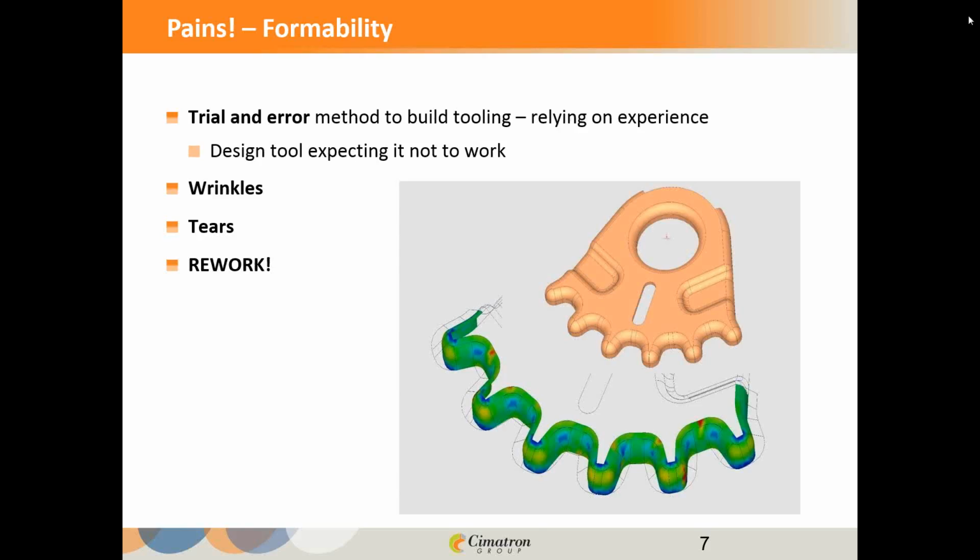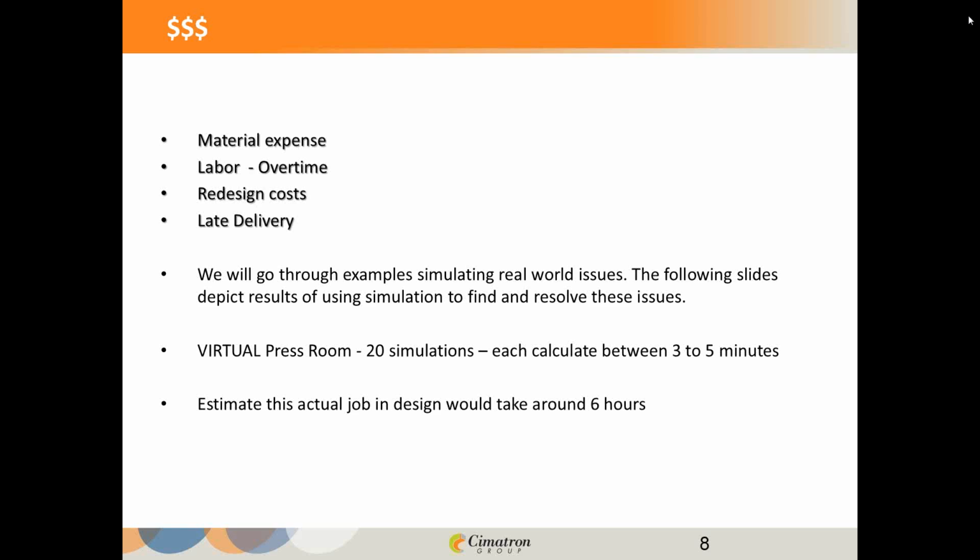All in all, we're talking about reworking a die, sometimes several times, in order to get the results that we're really looking for. So the question that could be asked then, all this work, has it been anticipated? Was that cost included in the initial quotation? Now, talking about the expense of replacing your die steels, having to work overtime, all those redesign costs.